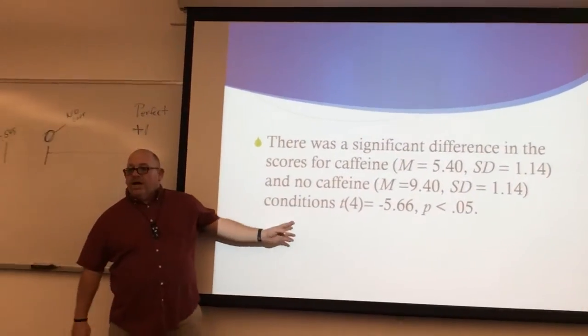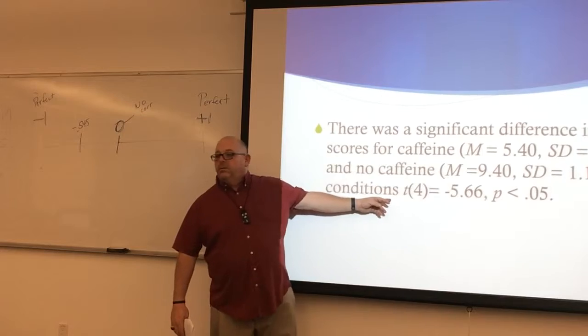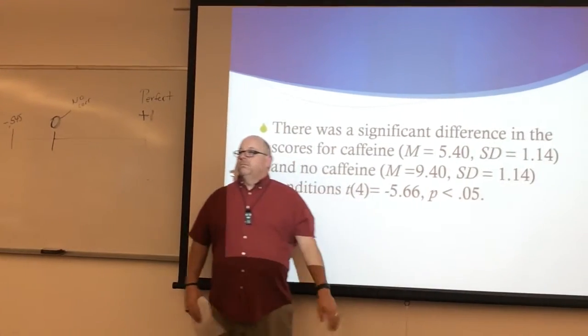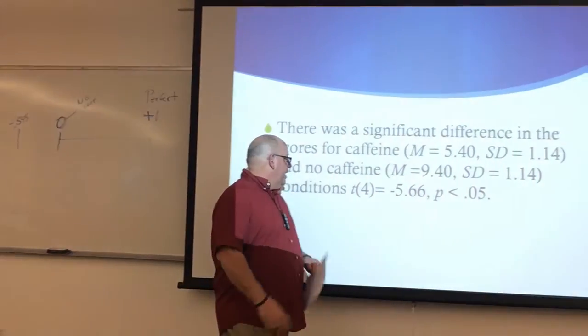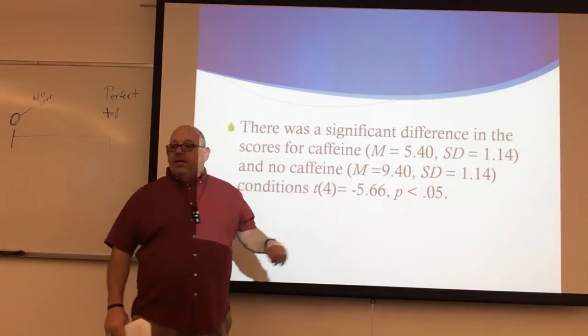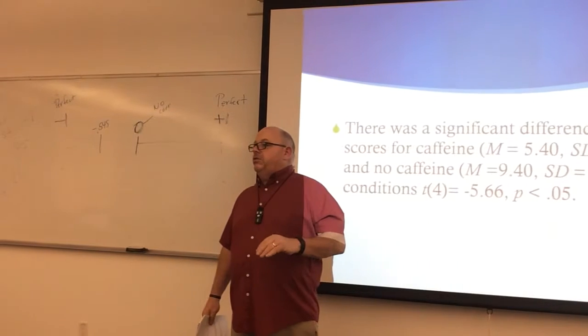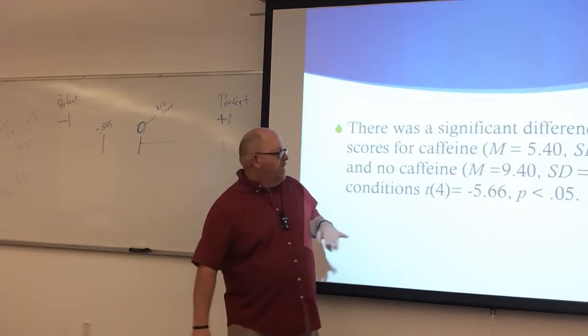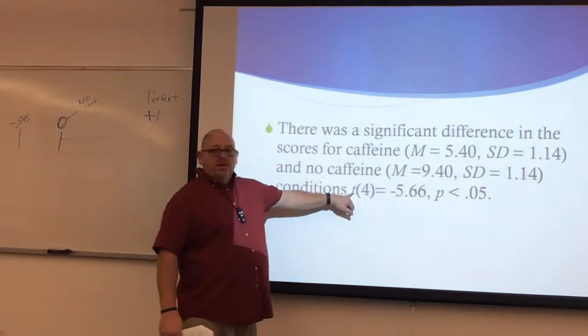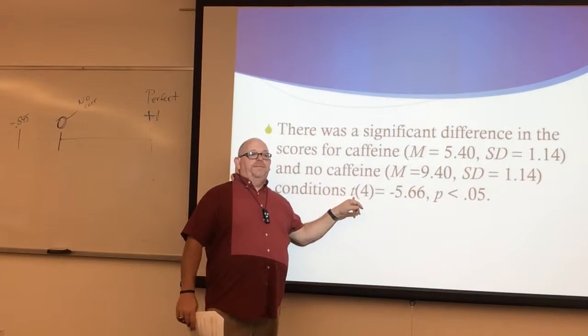Now here's our first, what I call formula, which is at the bottom. Okay? We're dealing with a t-value. And all of them are written up the same way. So once you learn it and understand it, it'll be very simple. It's broken down this way. The t, it's a small t.